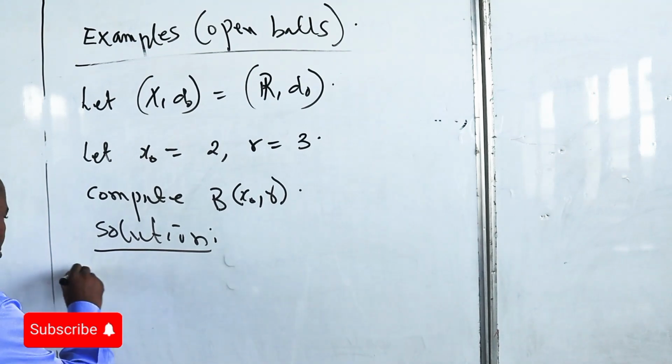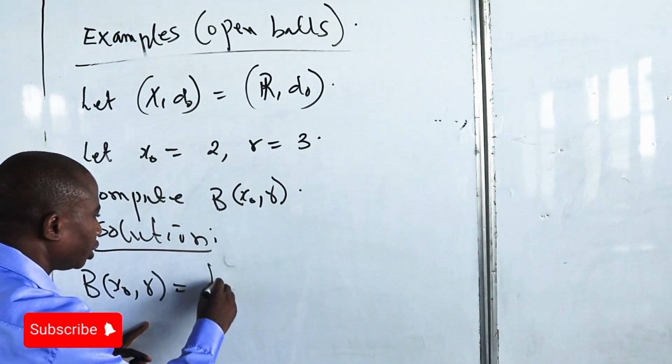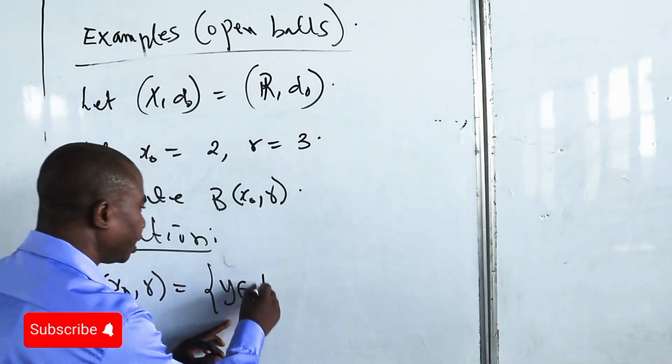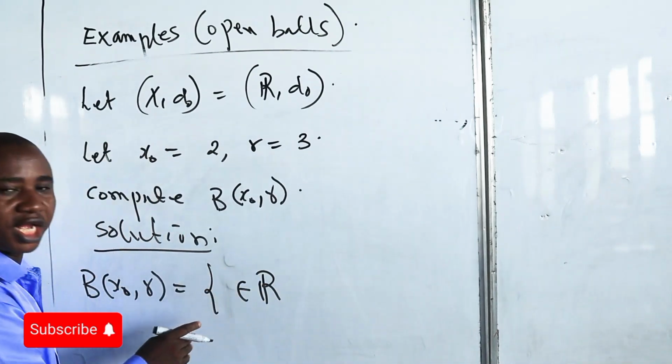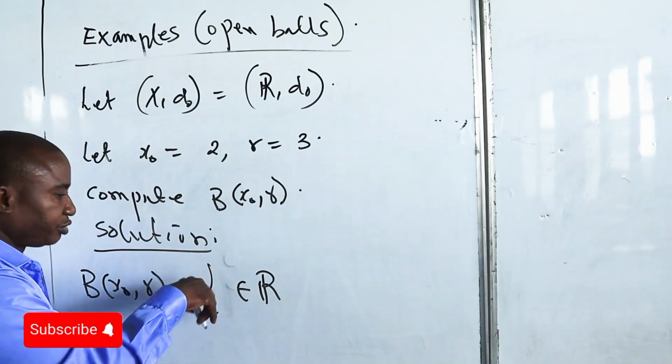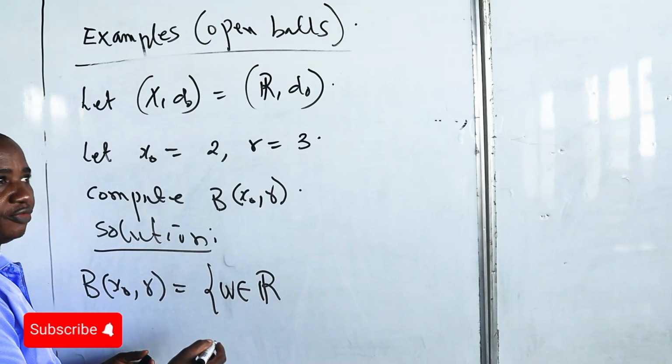From definition, B(x naught, R) is the collection of all y in the set of real numbers. In fact, let me change this so that you don't get used to y, as if it must be y. So let me change and take w. So you know that these are just variables.